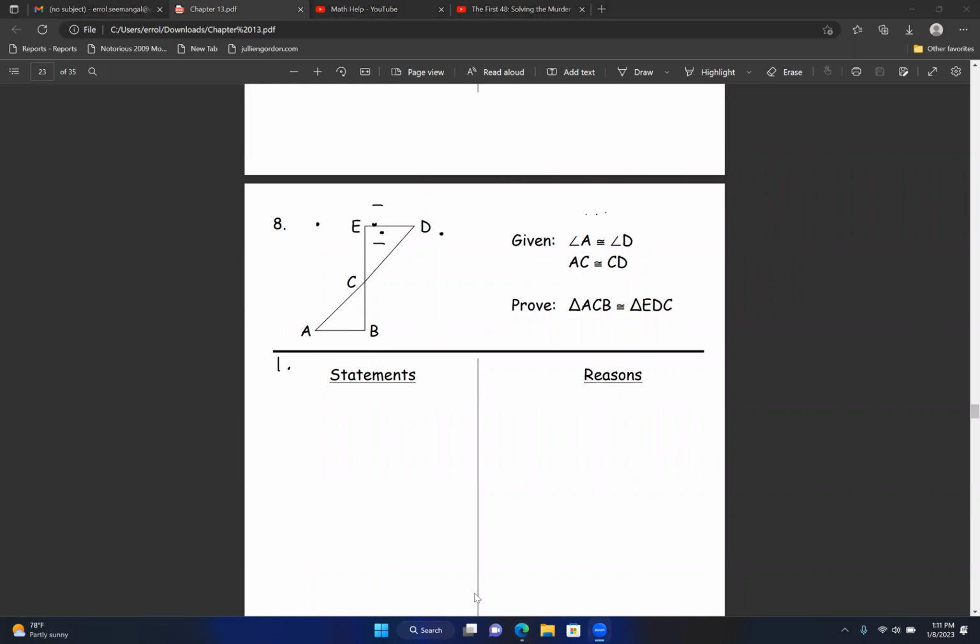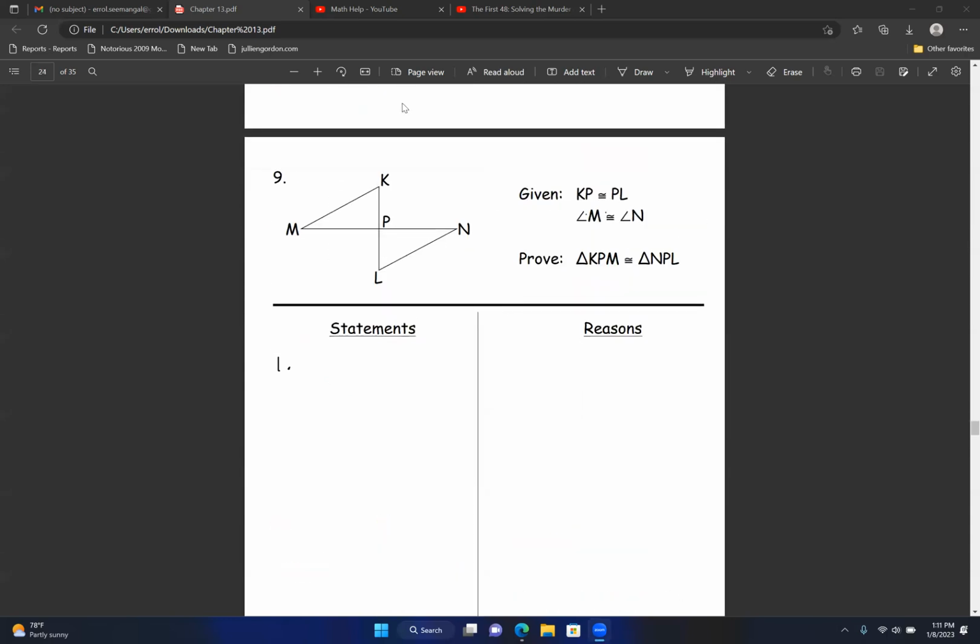Give me one second here. Oh, it's not even that one. It's number nine, right? This one. Okay, so we said that KP is PL. We know that this is this. Four ways.